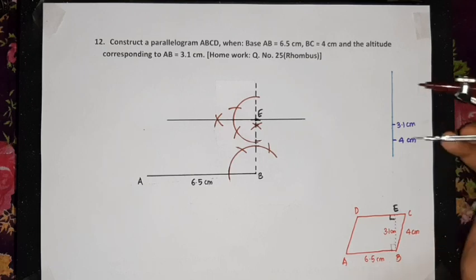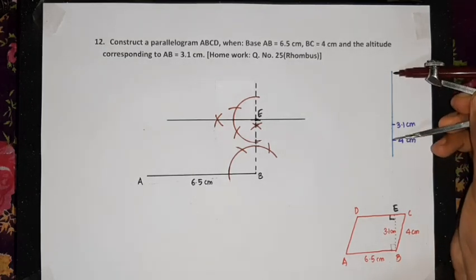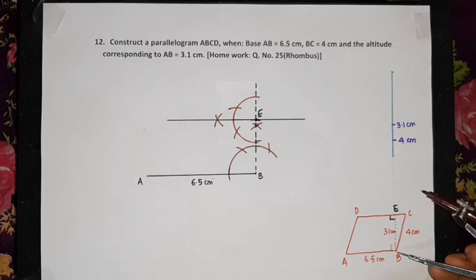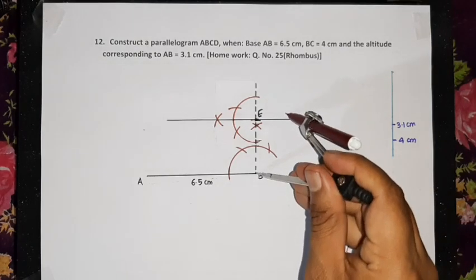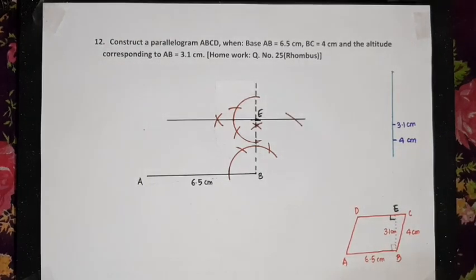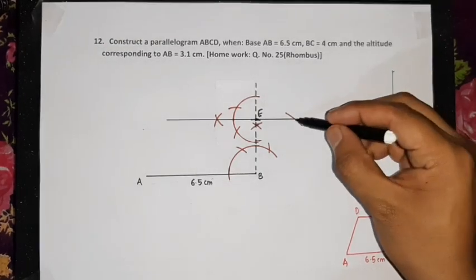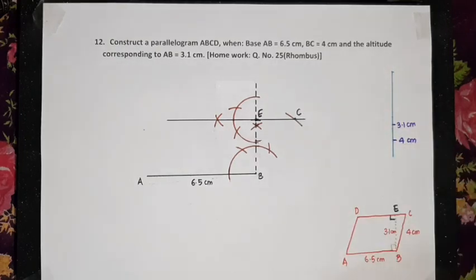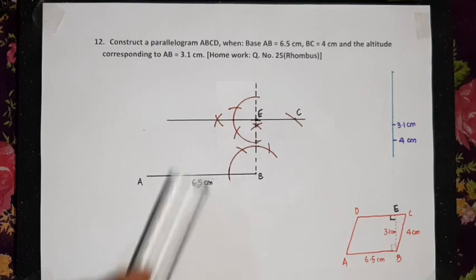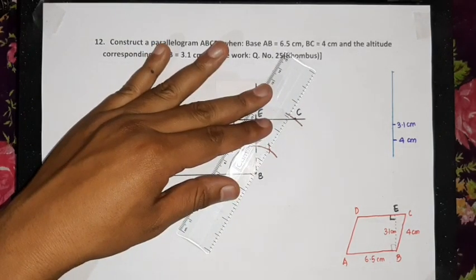So let me take 4 centimeter as a radius, and from B I'll cut this line. The point of intersection will be my point C. Now we will join B and C.